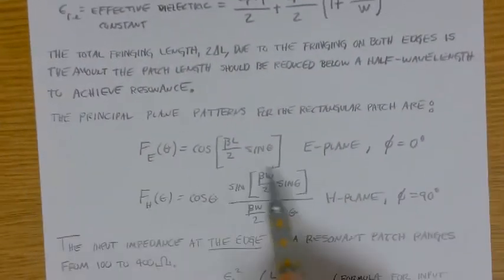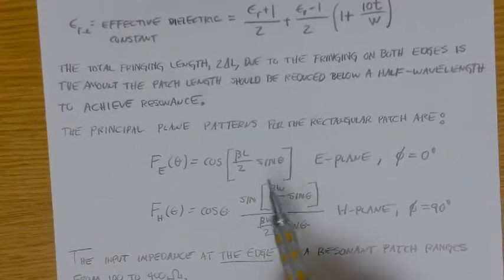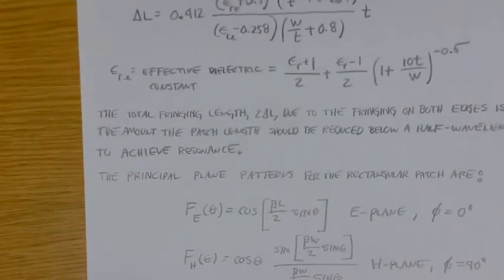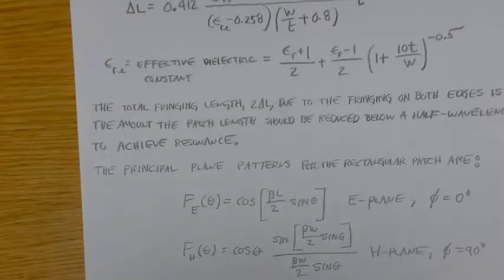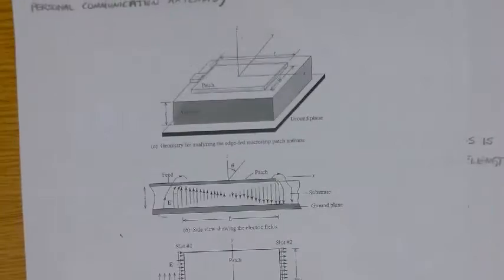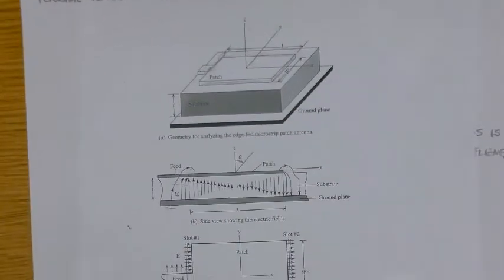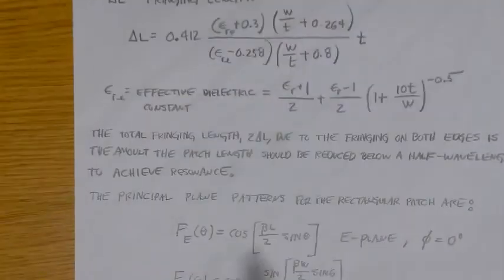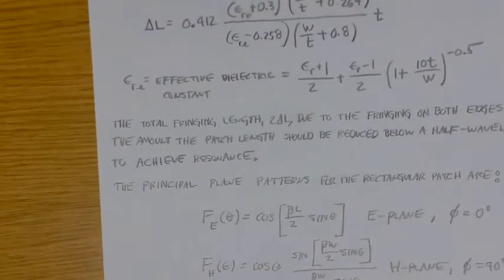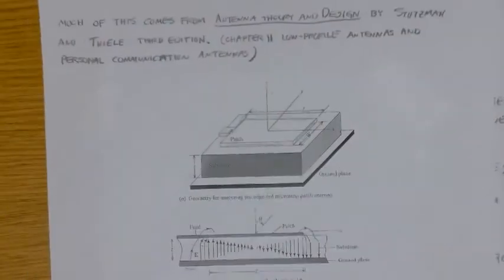Okay, so if you go through the theory, and we could do that, and we may end up looking at that again, this thing can be analyzed as an array. We're going to talk about arrays later on. So the far field pattern can be easily understood in terms of line sources.